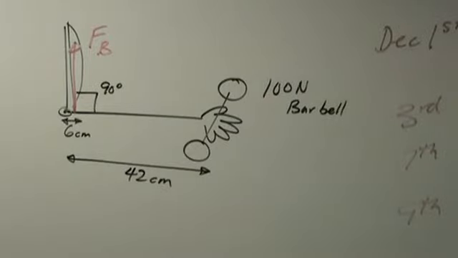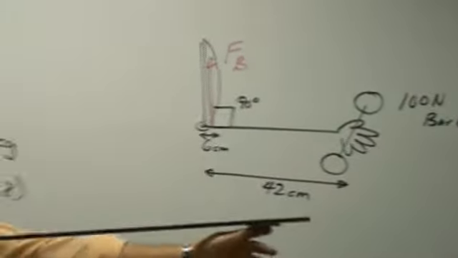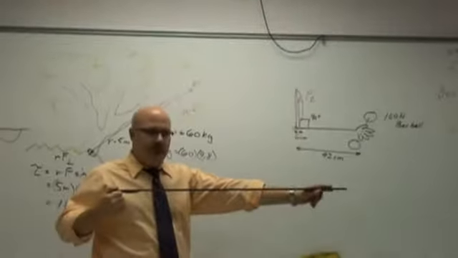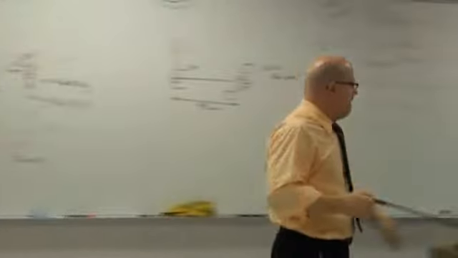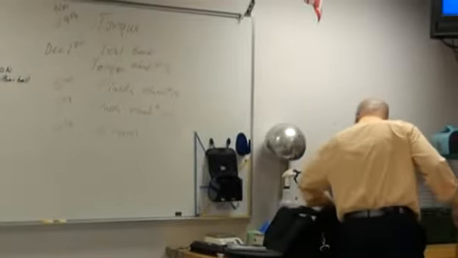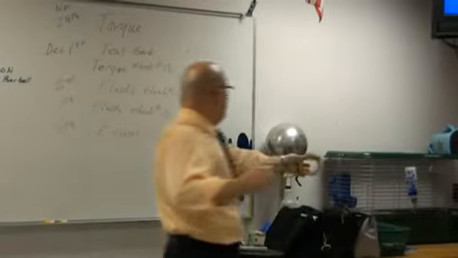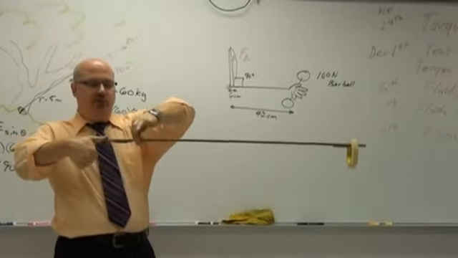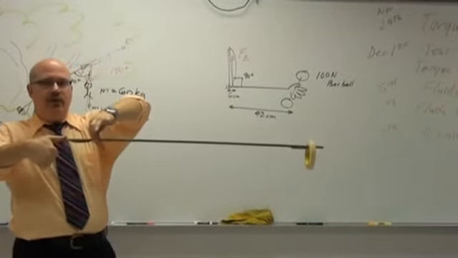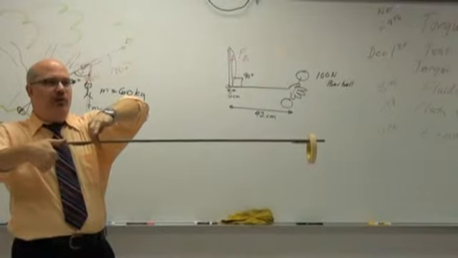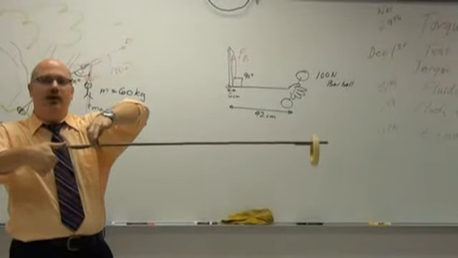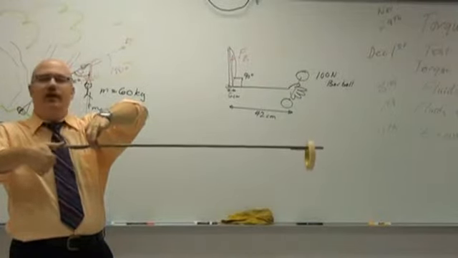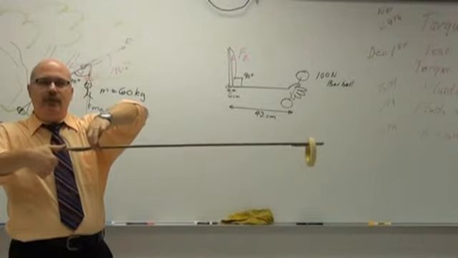If this is the pivot point right here, and you put a weight on the end of this, you have to apply a really strong force to hold that still. If you're pulling up right here, so there's my pivot point, and I pull up here, do I pull up with the same force as the weight on the end? No, you pull it with more force.